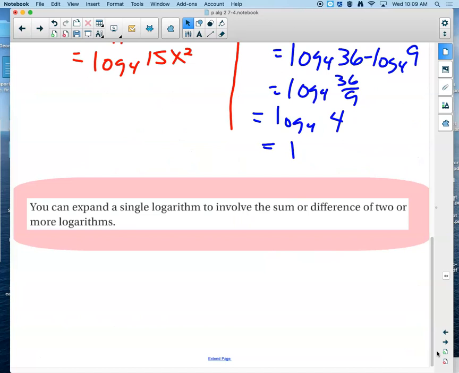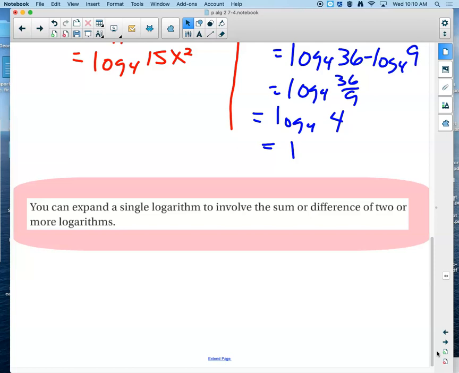Now we have to go backwards. Now we're going to take one logarithm statement and we're going to change it into things that involve sums, differences. Maybe we have a product because we have to move a number that's a power out in front of a term. So we can expand that single logarithm to involve the sum or difference of 2 or more logarithms. We want to break it up as much as we possibly can.